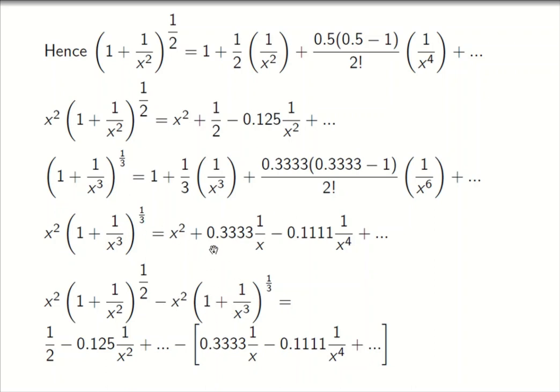Now let's subtract them and see. So it's the whole of this minus the whole of that. S squared minus S squared, you get what? 0. That's why I didn't write anything here. Half, you don't have any half here, so I just write my half. Then this, I don't have a square here, so I get minus 0.1251 over S squared. I write it plus dot dot dot.